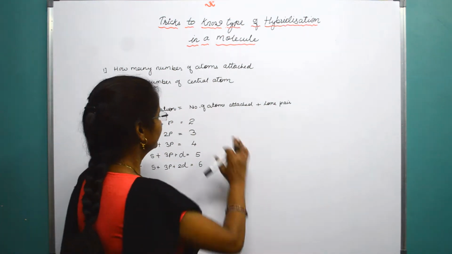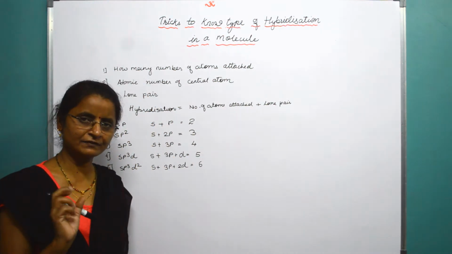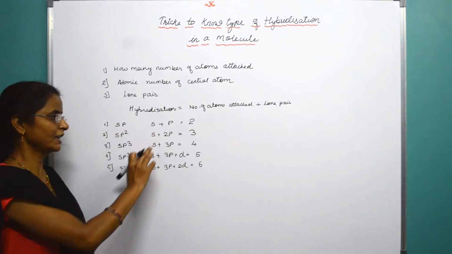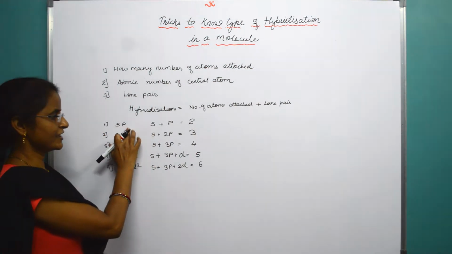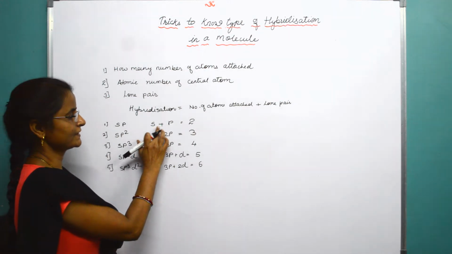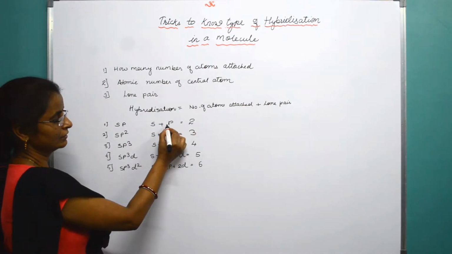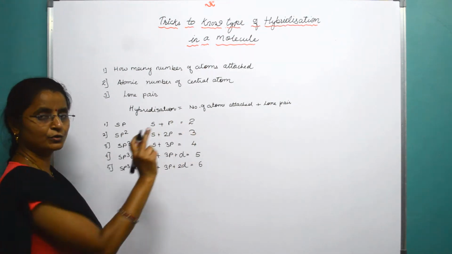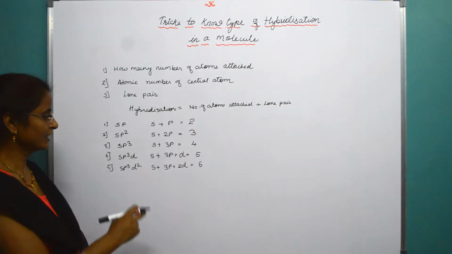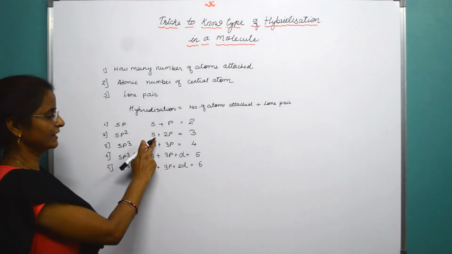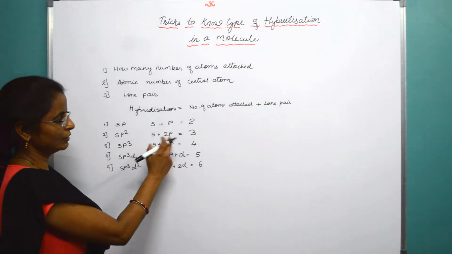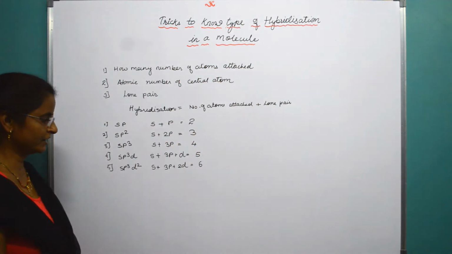Now first you have to know the different types of hybridization. First one is sp. Here one s and one p orbital combine and form two hybrid orbitals. In sp2, one s and two p orbitals overlap and form three hybrid orbitals.